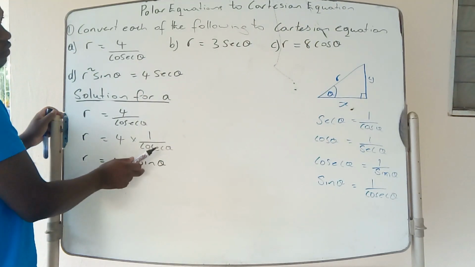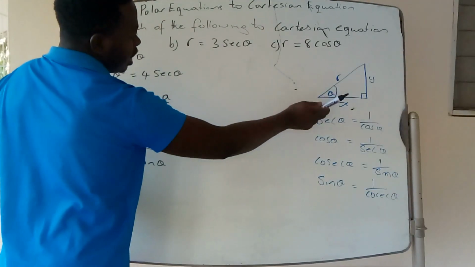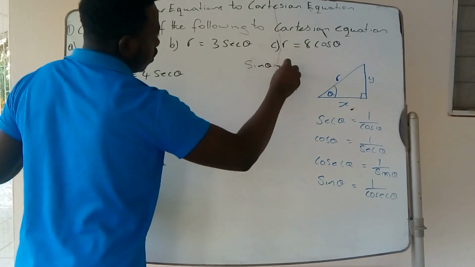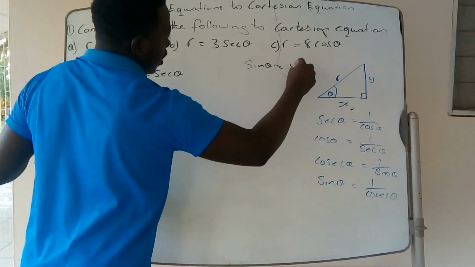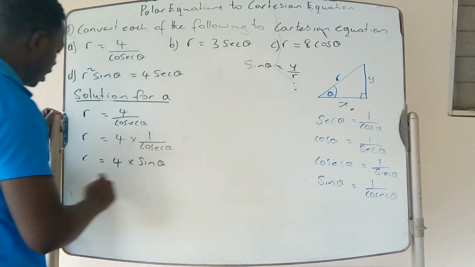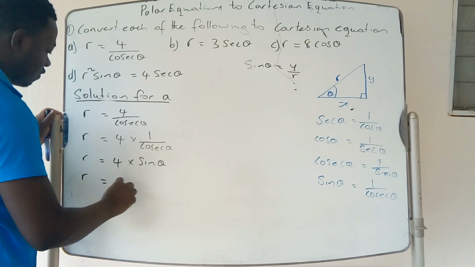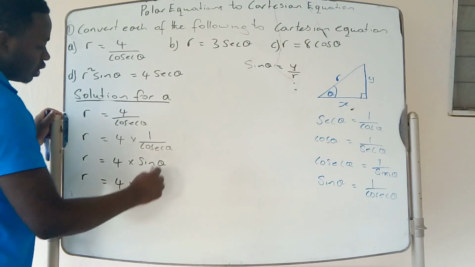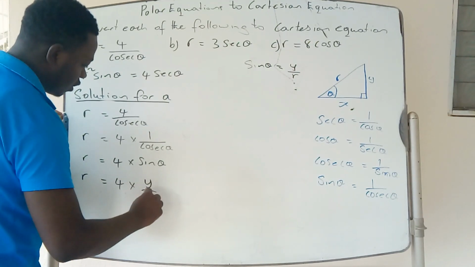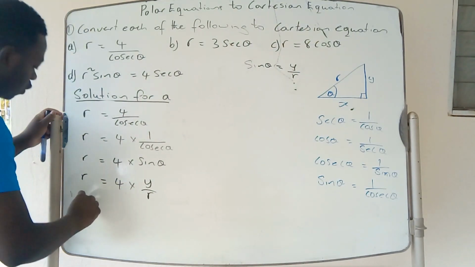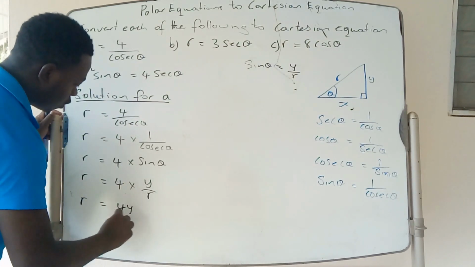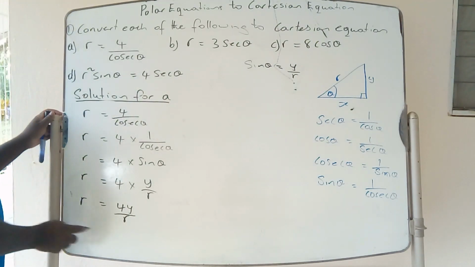Right? But what is sine of theta? From this triangle, we can find sine of theta. Sine of theta is going to equal y over r. So we can replace this sine theta with y over r. So r is equal to 4 times sine theta, which is just y over r, so that's just 4y over r, right?